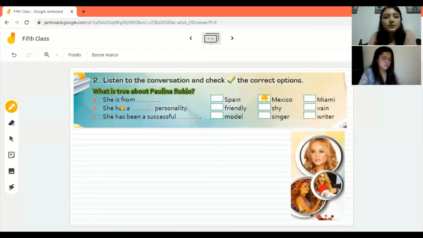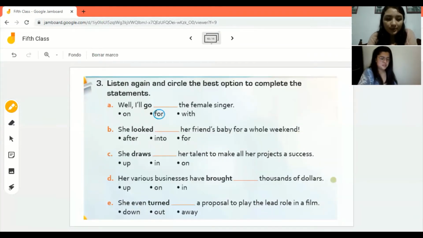She has a friendly personality. She has been a successful singer. Okay, Julia. According to what I heard, it is also correct. All the answers are correct. So, nice. Thank you. You heard it well. So, let's move to the third activity. You have to listen to the same audio, so pay attention.